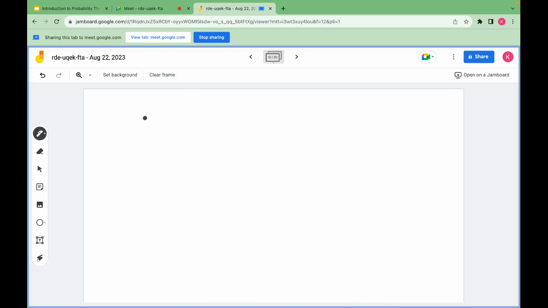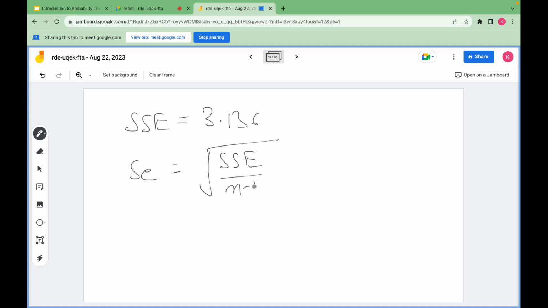So let's suppose we are given this SSE value, which is 3.136. So this SE will be root over SSE upon n minus 2, that is 3.136 upon 8, since n is equal to 10. So we get a value of 0.6261.